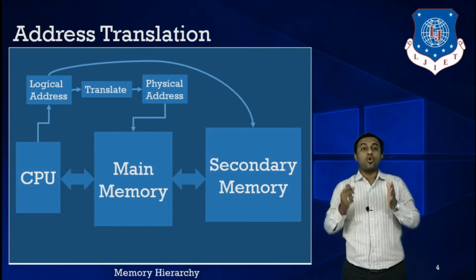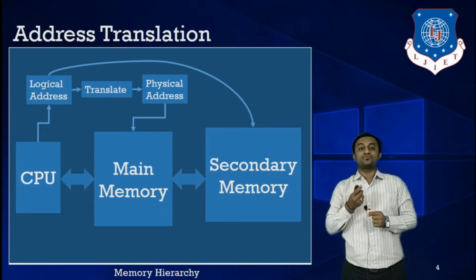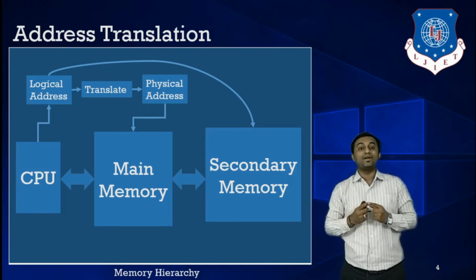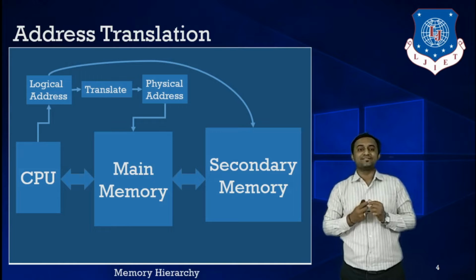Because the CPU always generates a logical address, and main memory cannot be accessed with a logical address. Main memory can be accessed with the help of a physical address or hardware address only. So this is the problem, because if you want to execute any process in the CPU, the CPU needs to contact main memory, but main memory can understand only hardware addresses, and the CPU always generates logical addresses.